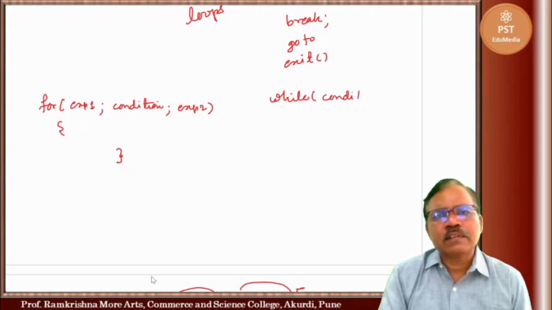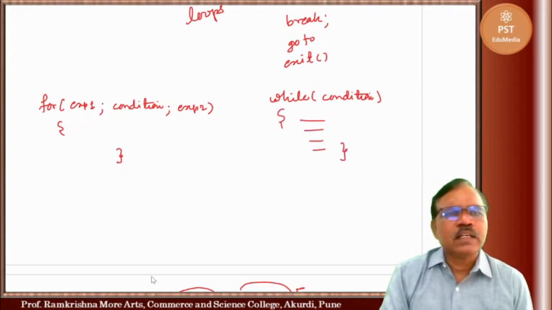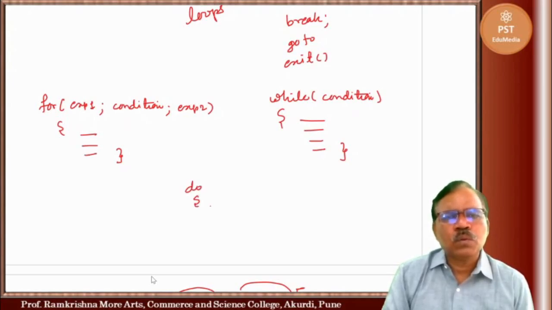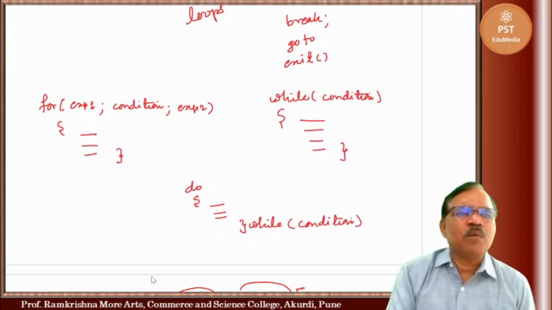While, condition, and then body of the loop. Here we have statements. Here also we have statements, and do, statements, and then while, condition. So what happens in for loop?